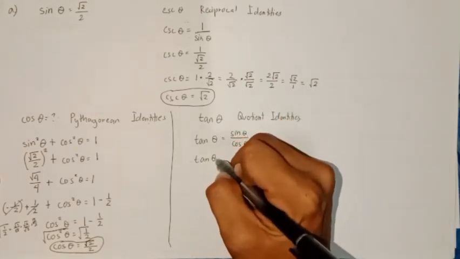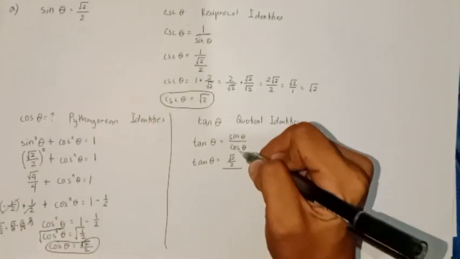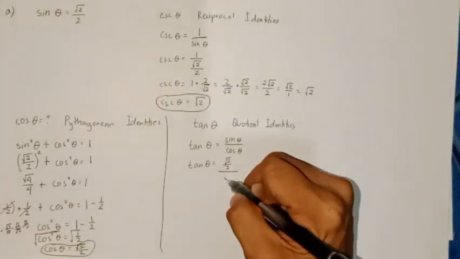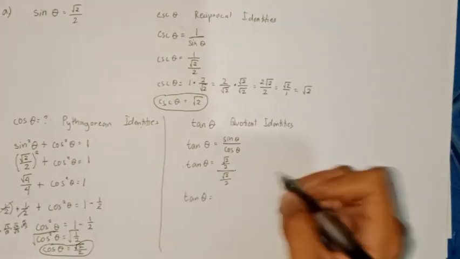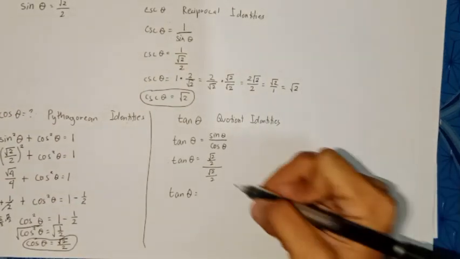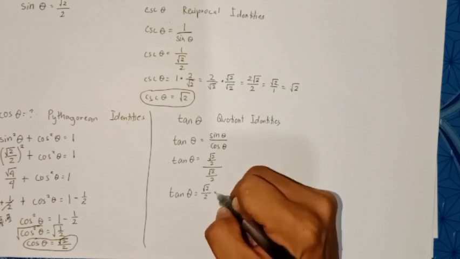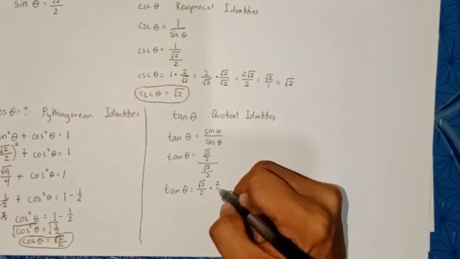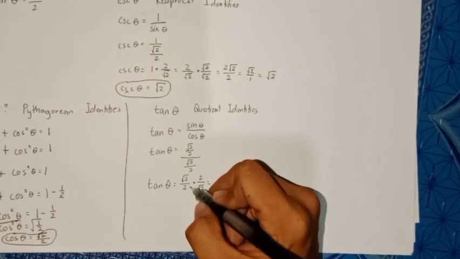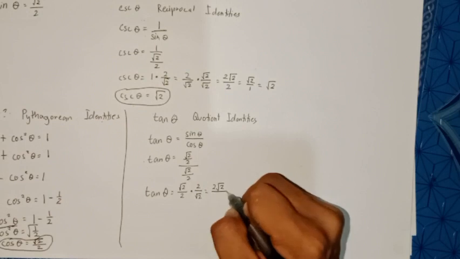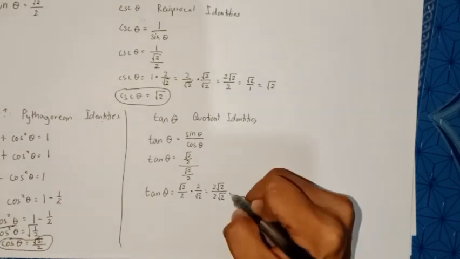Tan theta, substitute the value of sine theta, square root of 2 over 2, over cosine theta, we have square root of 2 over 2. So tan theta, if we divide both fractions, we multiply by the reciprocal of the second fraction. So square root of 2 times 2 is equal to 2 square root of 2, and 2 times square root of 2 is 2 square root of 2.